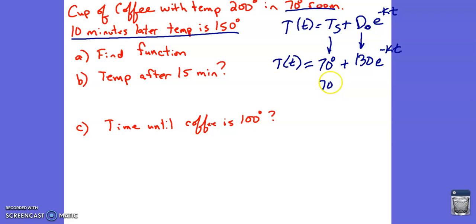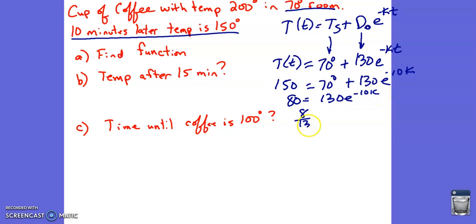So we have 70 degrees, and we know the temperature is going to be 150 degrees. The initial difference was 130, times e, and we know it's 10 minutes later, so we're going to put negative 10 K here. I'm trying to find K. Once we start solving this, when you get to e, to get rid of an e, you're going to ln both sides.